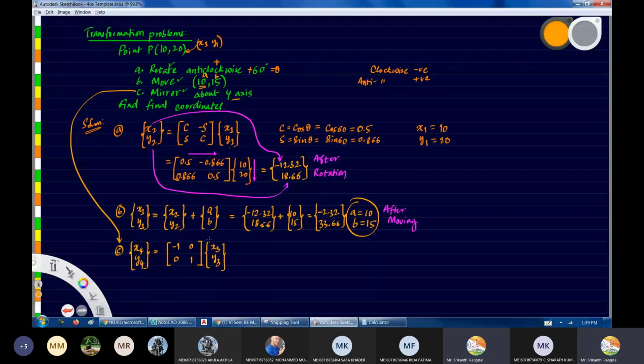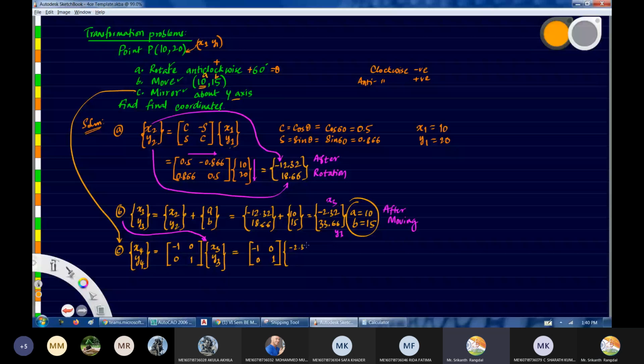And whatever coordinates we got in the previous step, those we have to apply here. So this is x3, this is y3. So both these we have to take here. Okay. So now let's proceed to solve this. Minus 1, 0, and 0, 1. Now multiply this with minus 2.32 and 33.66.